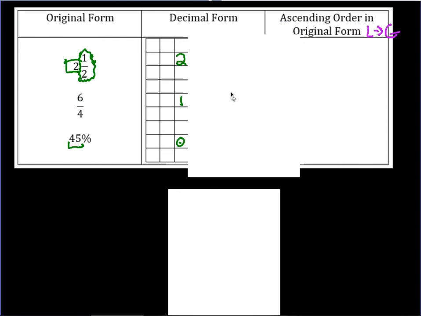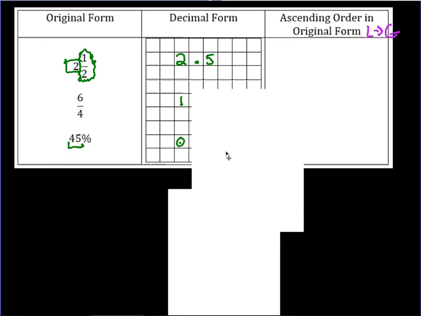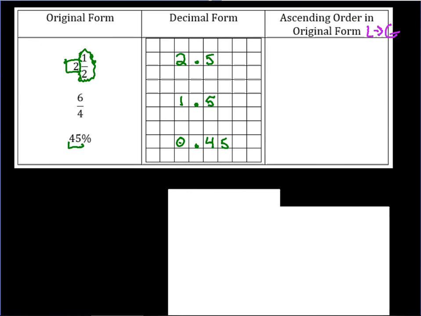And we say, okay, what is the lowest out of these 3 numbers? Well, we know that 0.45 is the lowest, and so that number goes with that 45%. So let's write down that 45%, and cross out. That way we show we used it.